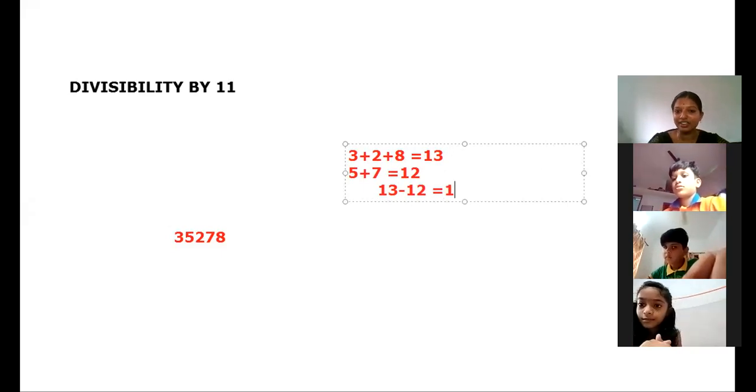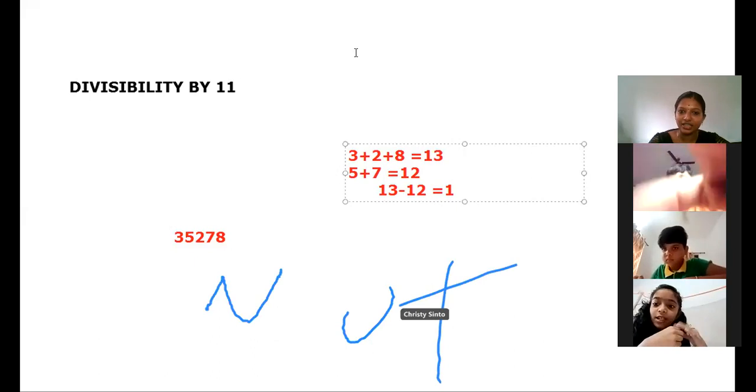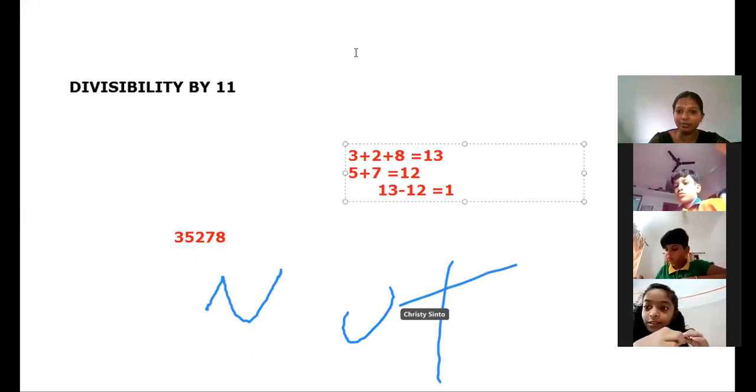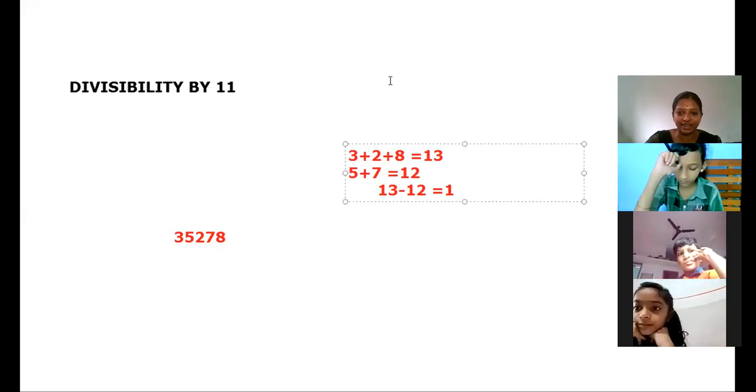It is 1. The difference between the sums of alternate digits is not 0 or a multiple of 11. So 35,278 is not divisible by 11.